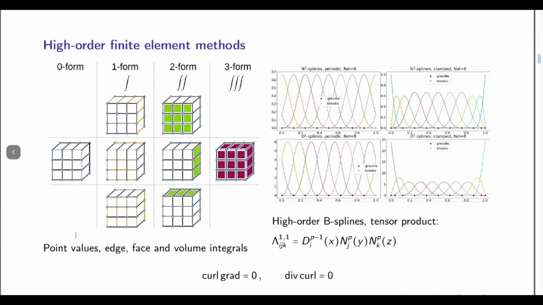So you can do interpolation for zero-forms in the first space, a mix of inter- and histopolation in the middle spaces, H-curl and H-div, and histopolation in the third space. If you do that with tensor product B-splines to build your finite element spaces, you can arrive at discretizations that manifestly mimic analytical properties such as curl grad equals 0 and div curl equals 0 on your operators exactly.